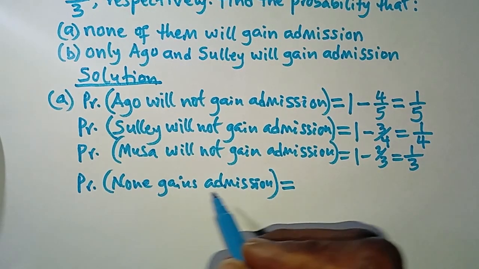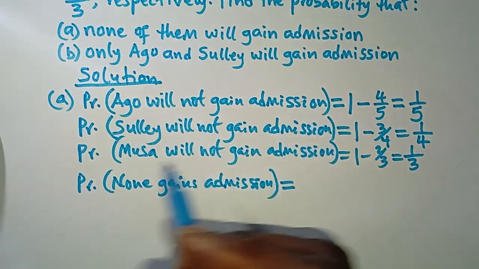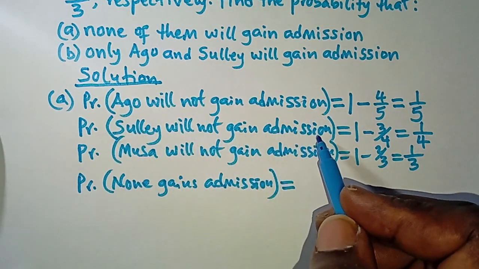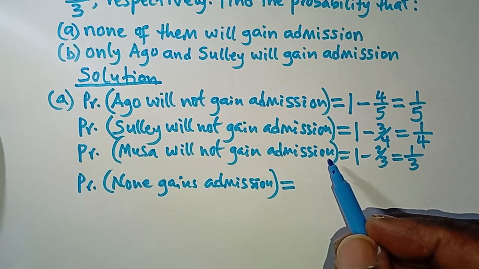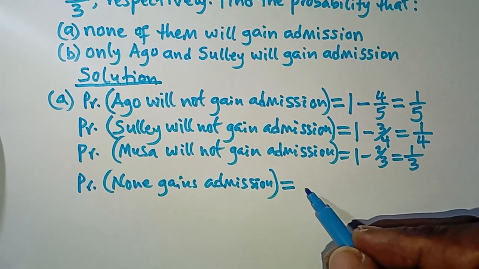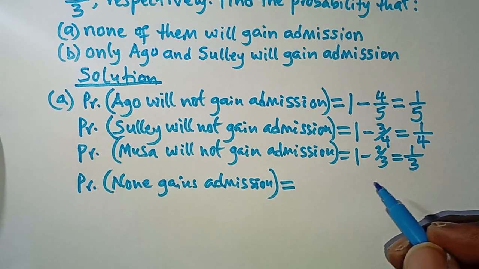So the probability that none gains admission means that Ago will not gain admission, and Sule will not gain admission, and Musa will not gain admission. So it means Ago will not gain admission, and Musa will not gain admission, and Sule will not gain admission.